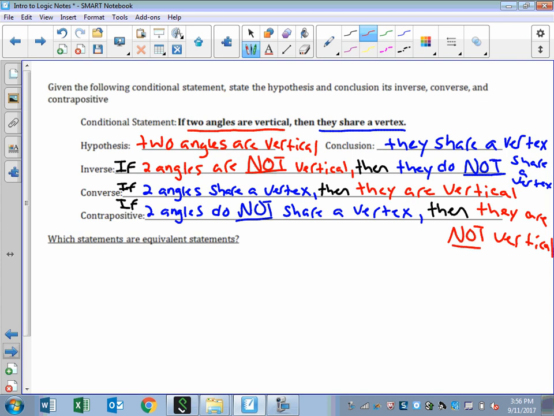So that's the conditional, inverse, converse, and contrapositive of a more concrete statement. I hope this gives you a better picture of what you're going to be doing for the logic project.